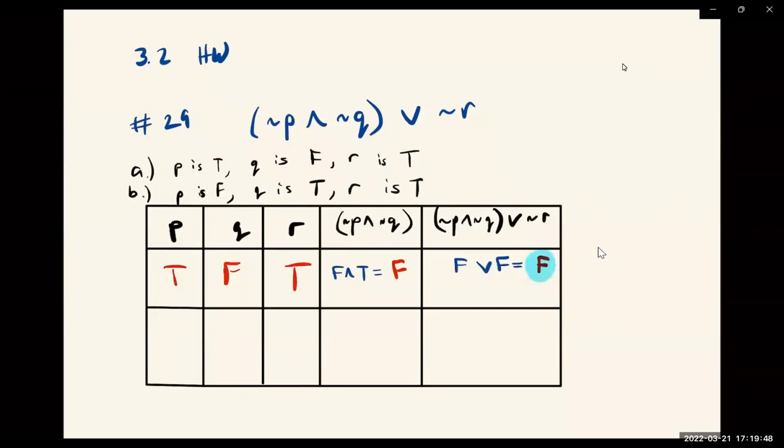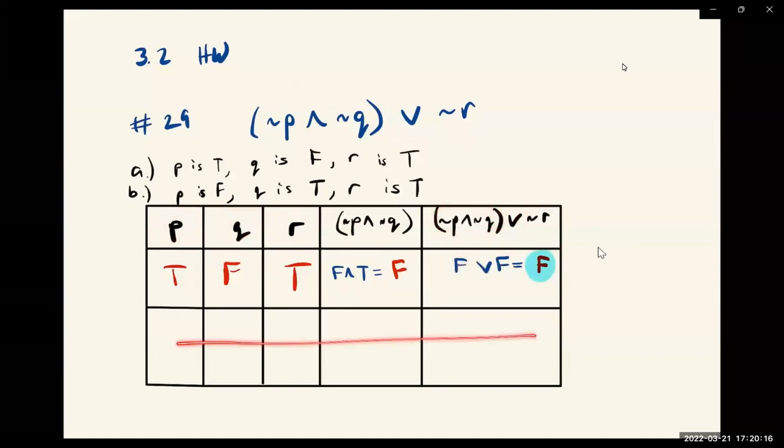So you basically just want to break this up into smaller parts. Always start off with just the letters themselves. And then if it's a long statement like this one, I would cut it in half, maybe right there is good. And so that's this column. And then once you figure out what that is, you can plug it in for this, which is F. Then you do or, the R was T, so therefore not R is F. And then F or F is F.